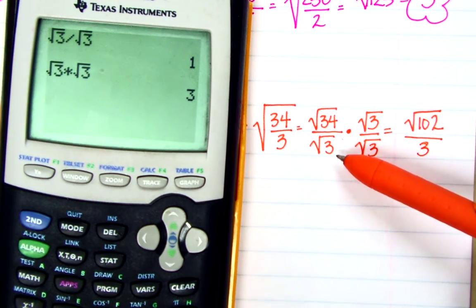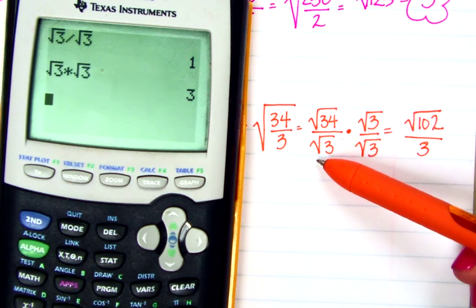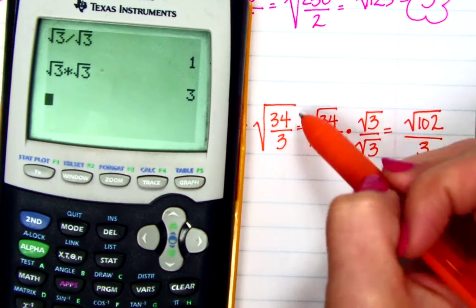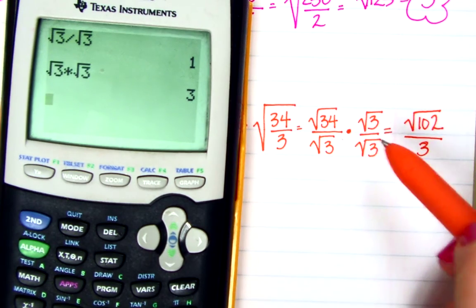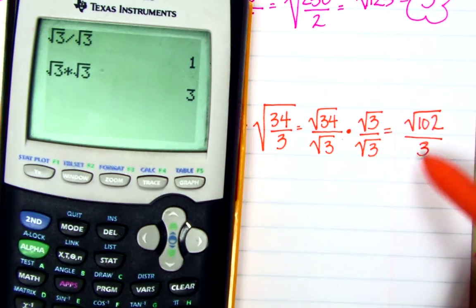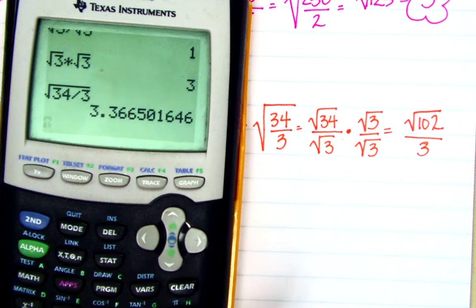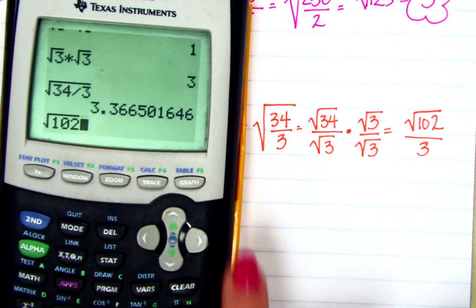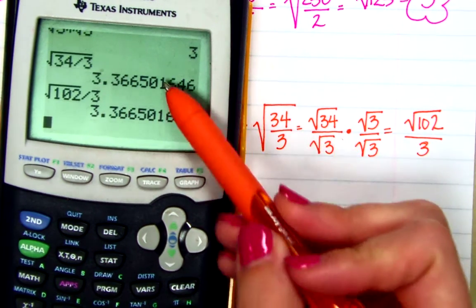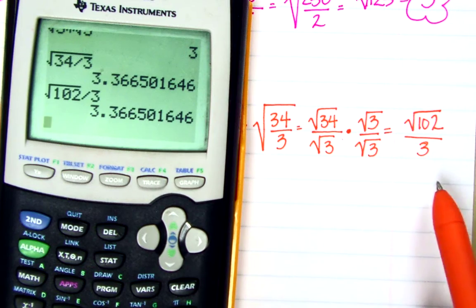One of the rules of radicals is you cannot have a radical on the bottom. Also, you can't have a fraction underneath the radical. So even though this is the same thing, and you'll see, they're equal to the same thing, this one is in the correct format.